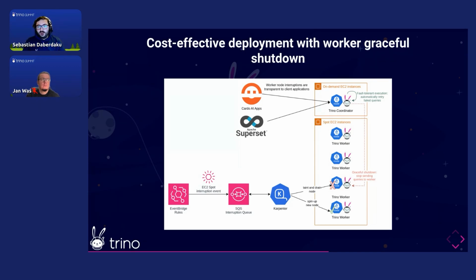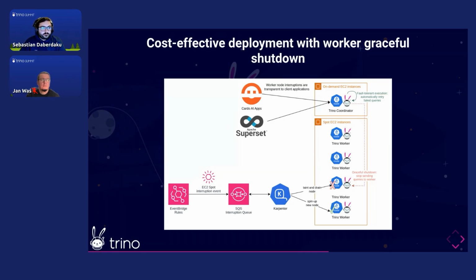If in the grace period the query didn't have enough time to terminate, you can then fall back on the fault-tolerant execution, and this provides the users a seamless experience, so they don't see their query failing because EC2 nodes are being interrupted. They simply might see a query taking slightly longer.